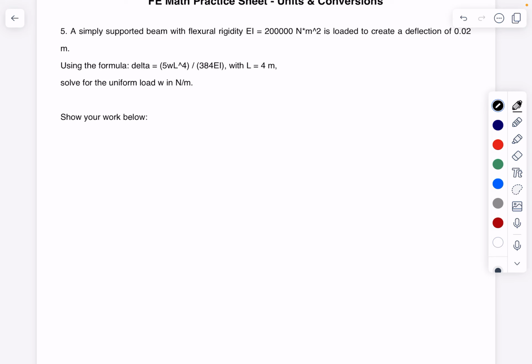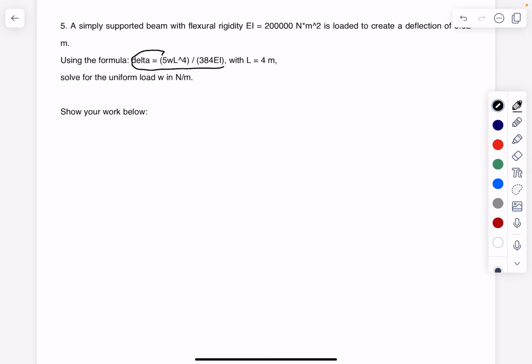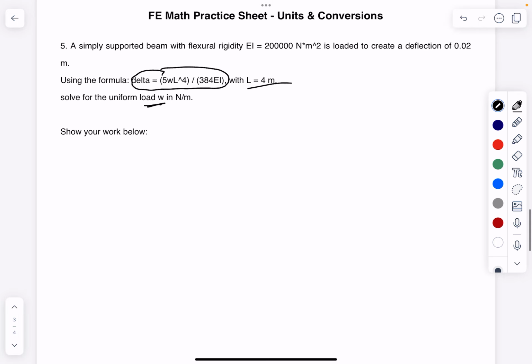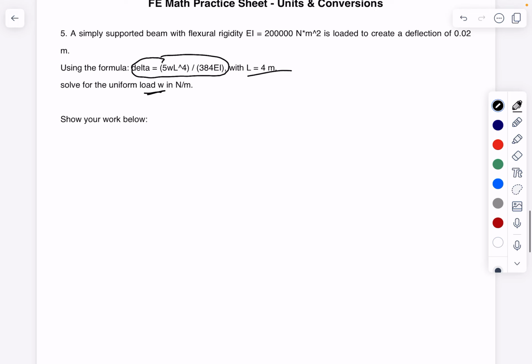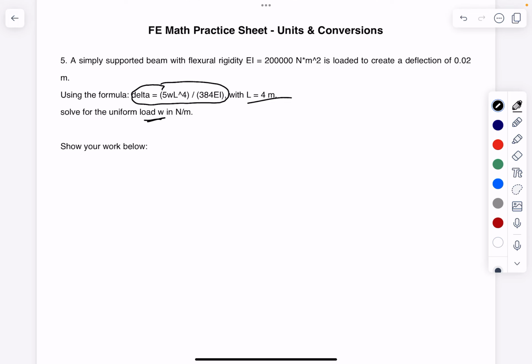So we're going to use the deflection, which is calculated here, for a uniformly distributed load on a beam. And we're using an L of 4 meters, and we want to solve for the load, W, in newtons per meter. So this is where this type of problem we can track our units, and it'll help us with our unit conversions. But it's also an engineering problem, which is useful.